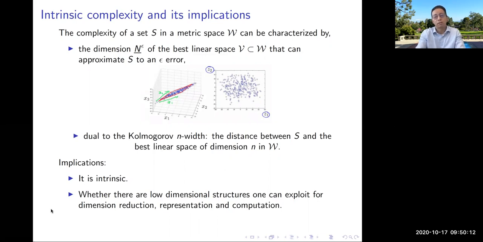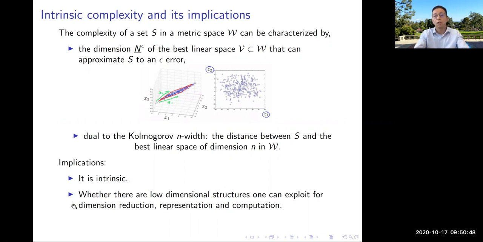If not, then no matter what you use, a deep neural network or whatever, if it's truly high dimensional, this won't be effective. But if there's a low dimension, you can use different approaches. If you want to use a nonlinear parameterization, a deep neural network could be one. But if it's truly high dimensional, then if you want to approximate well and have a good generalization property, you need enough parameters, or you have to put some constraint to reduce the dimension.